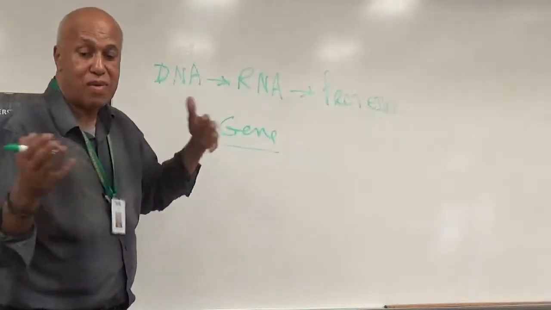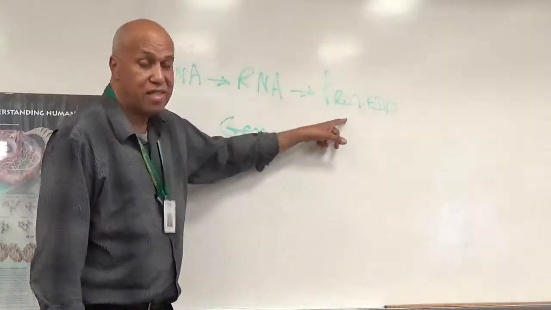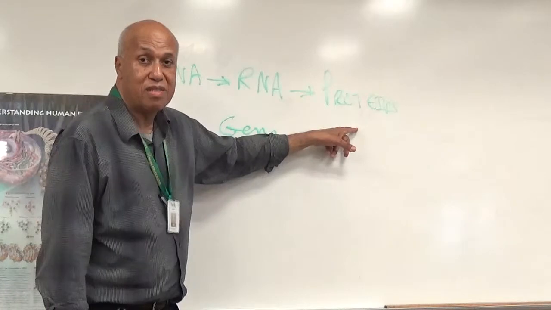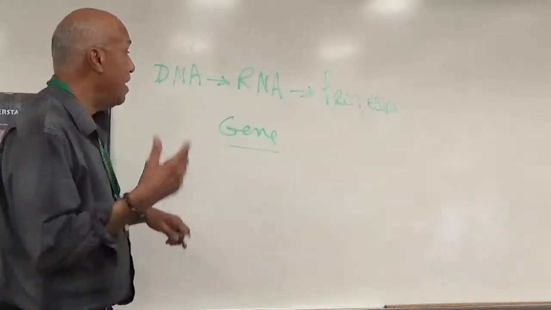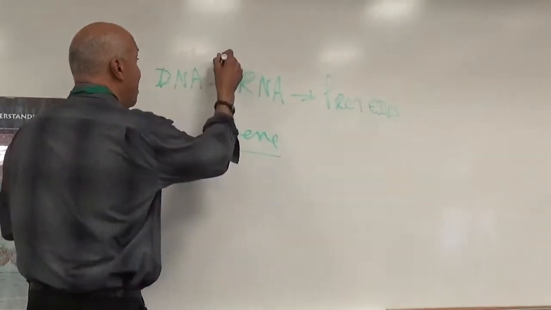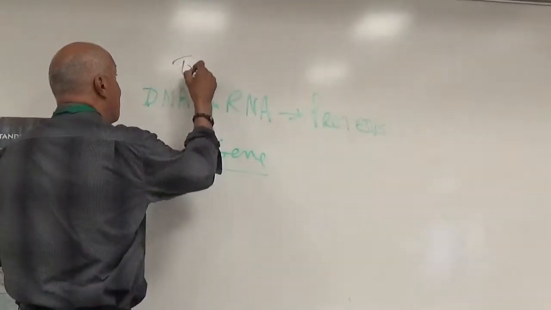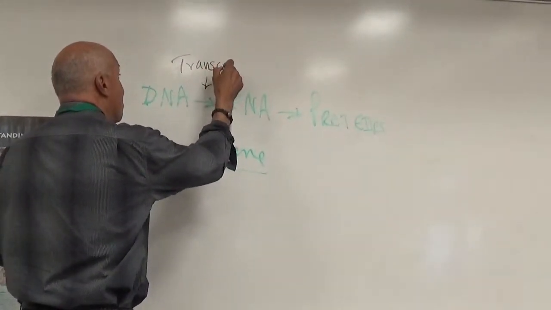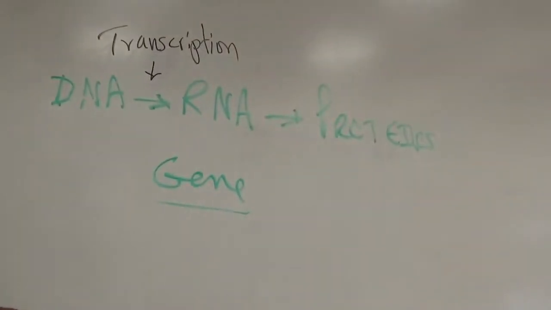Now as it turns out, we're not going to discuss that in this video, some RNA doesn't get turned into proteins. It does a significant job just being itself, okay? And there's some names for this. For instance, the process of going from DNA to RNA, what is that called? You remember? It's called transcription.